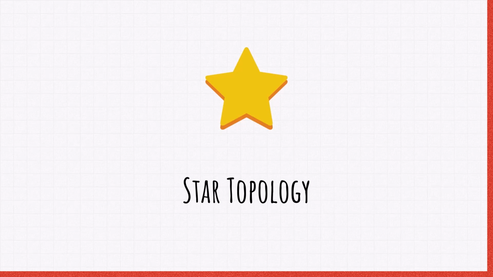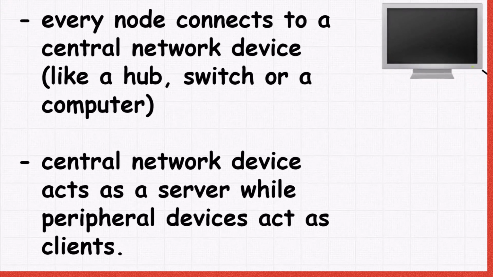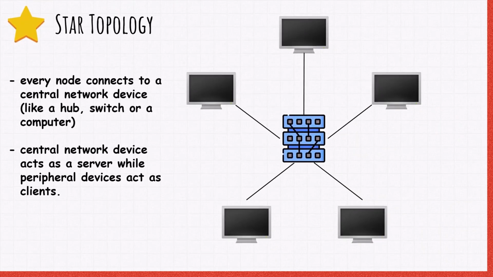The central network device acts as a server, and the peripheral devices act as clients. Each device on the network has a dedicated connection to the hub, which essentially creates a structure that resembles a star, and therefore it's called star network or star topology.